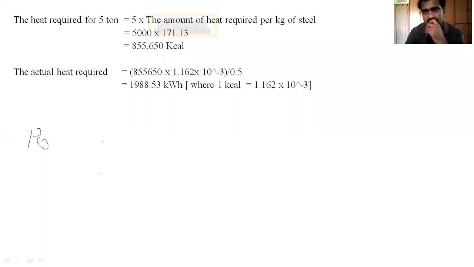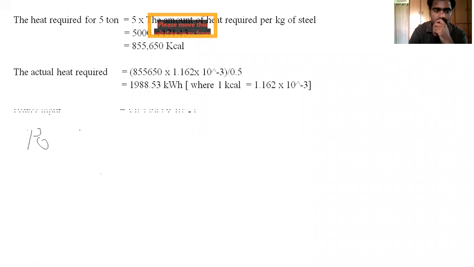Here we are going to consider the power factor because we are going to use an AC supply. For the AC supply, we include the power factor also. Therefore, power input can be considered as VI cos phi into 10 power minus 3.